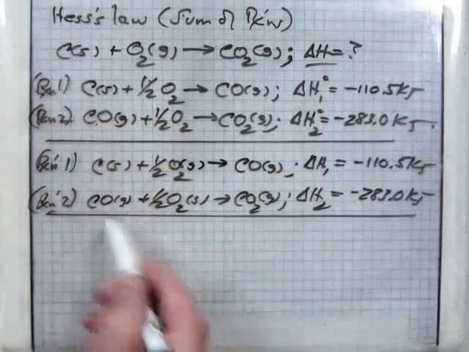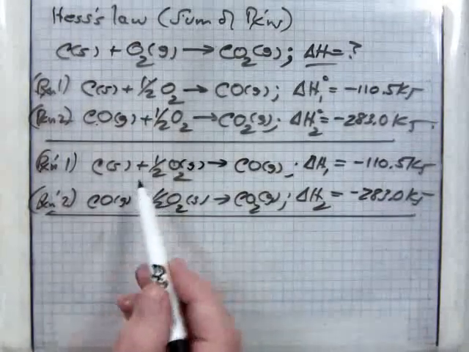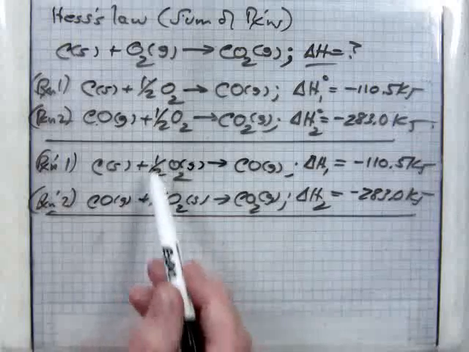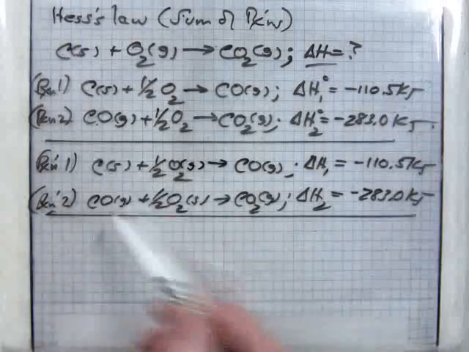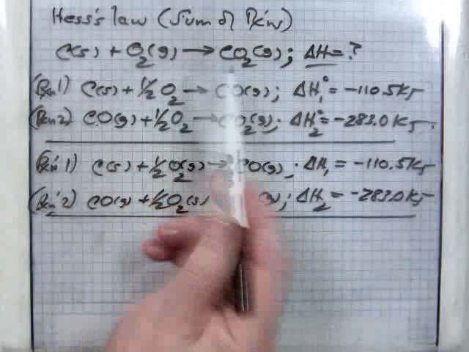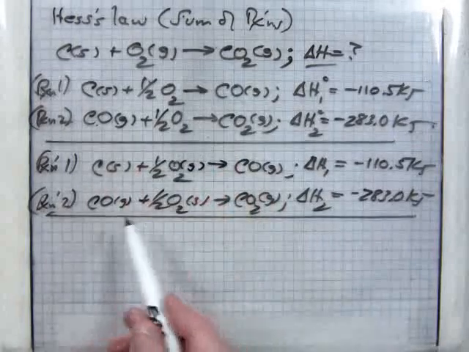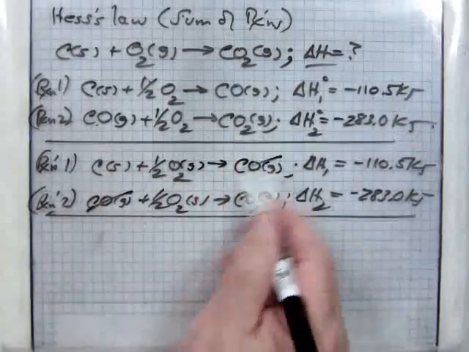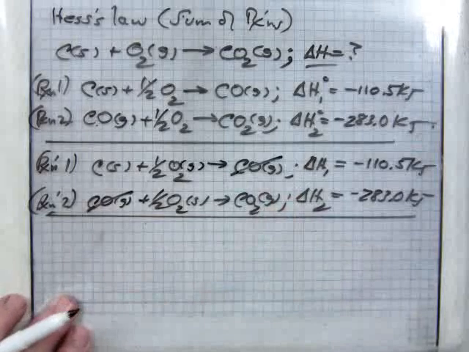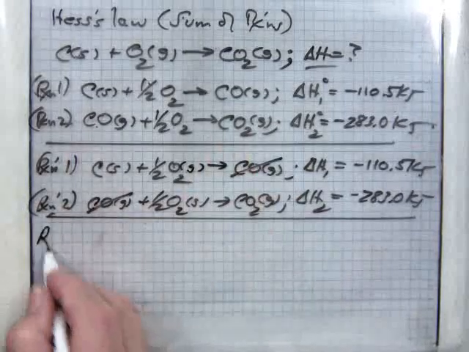So once we get the reactions given adjusted so that they'll generate the target reaction, then we add them together. This and this will drop out. Then I bring down the target reaction.